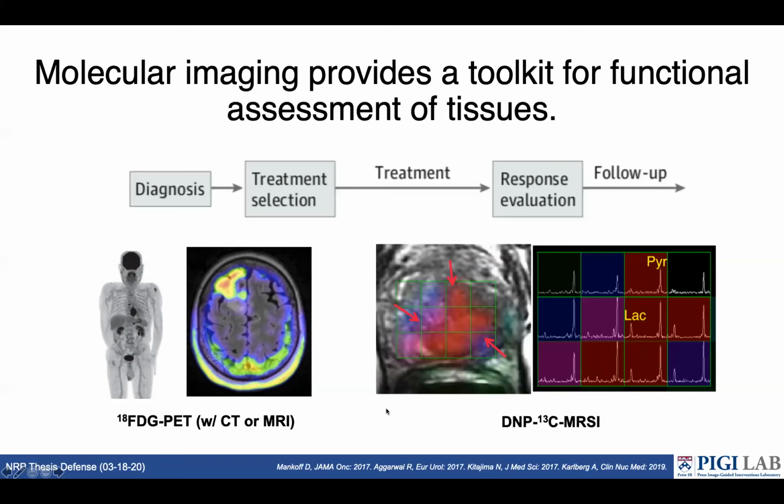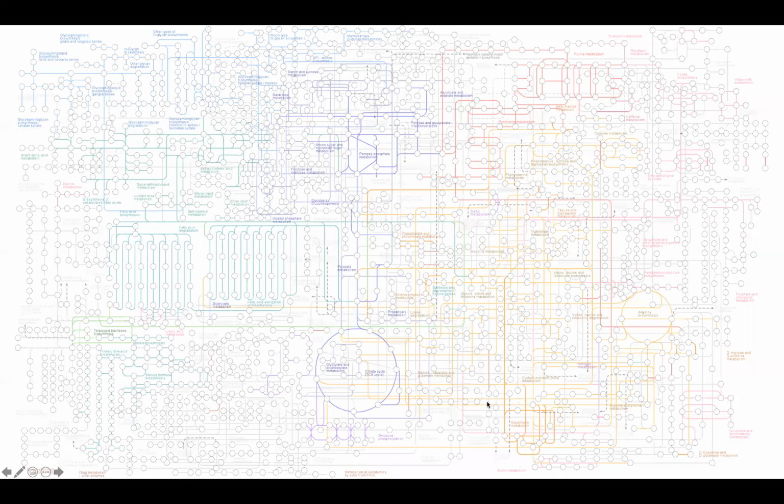But another question that I sort of sat with in the beginning was, how many different molecular imaging agents are there out there? And is there really a limit to what we can use? And this is sort of a nuanced answer. There are a lot, but of course there are a few caveats. And this is a map of all of cellular metabolism that is quite frankly overwhelming.